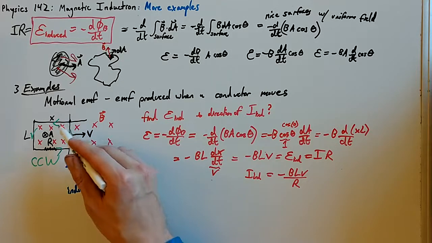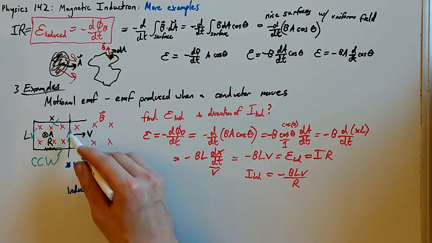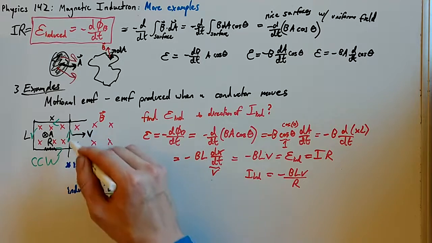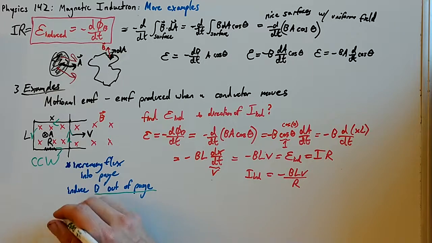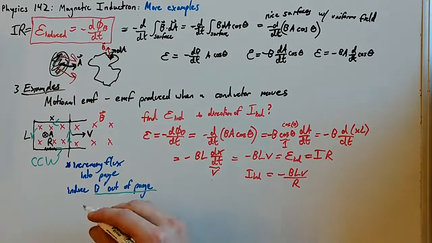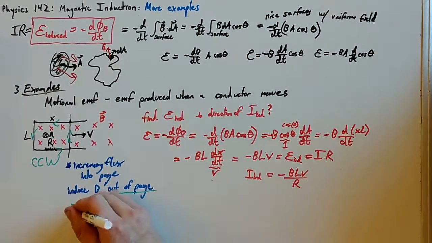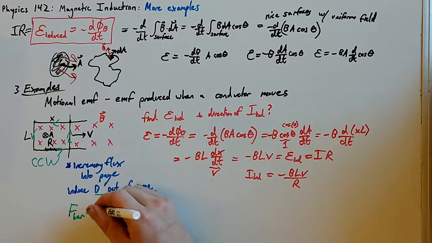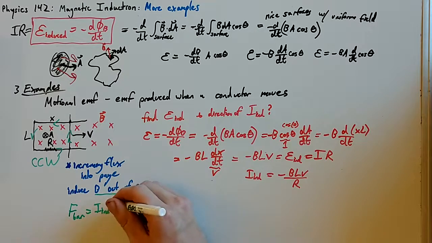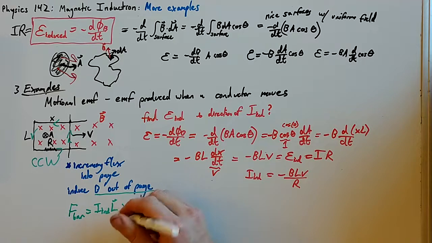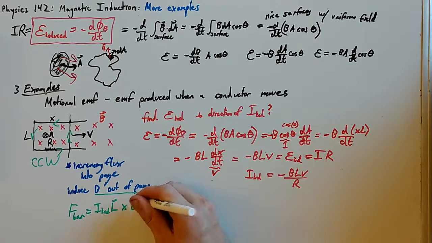If we think about the force, this current should experience a force from the magnetic field. We can write that down: the force on the bar would be the induced current in the bar times the length of the bar, crossed with this red magnetic field here.